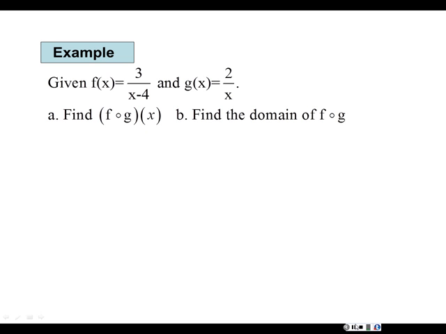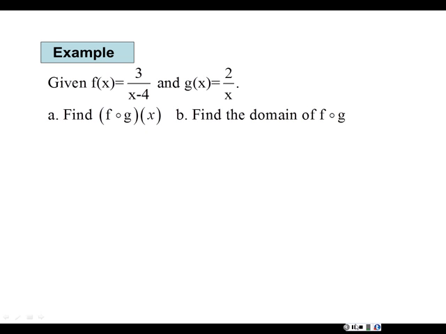Now let's try to see what it means. Let's write g of x here. What is g of x? I'm just copying from there, right? Now, can you do this? What we are saying is, can you replace x by 2 over x in f of x? What is your f of x? Let me write f of x here.